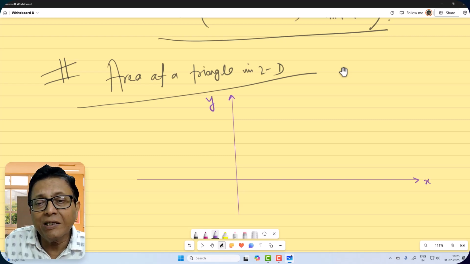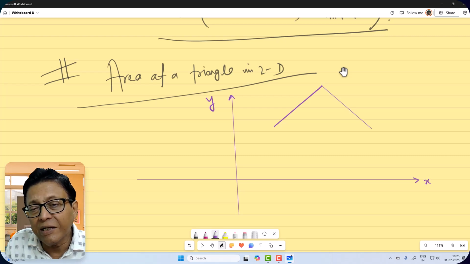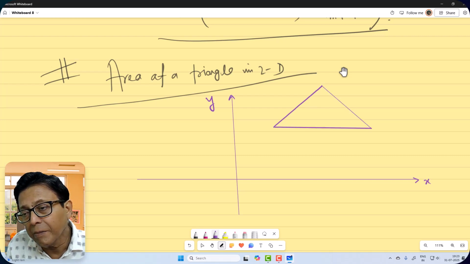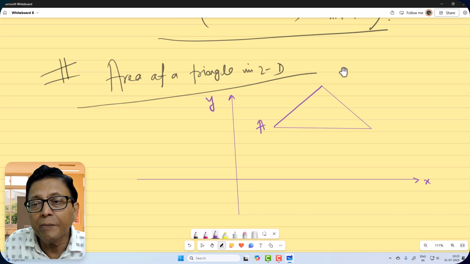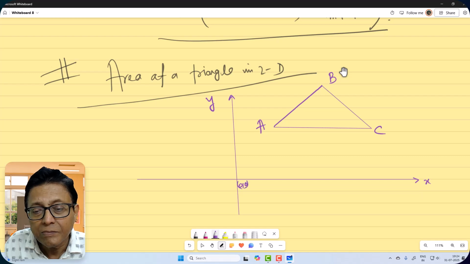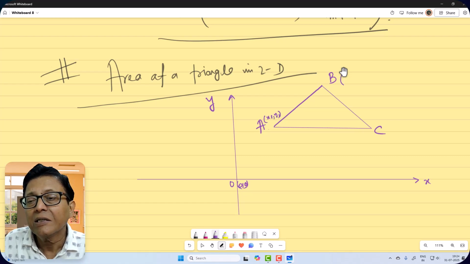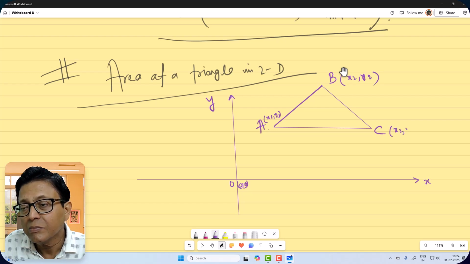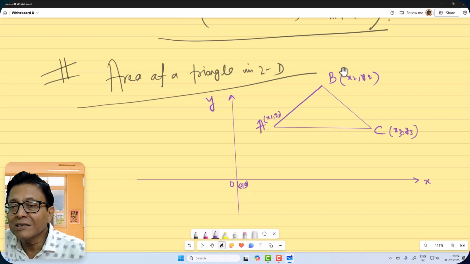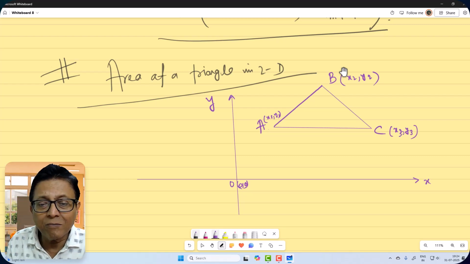So, if there is a triangle in 2D, that triangle be A, B, C, then this point is (x1, y1), this is (x2, y2), this one is (x3, y3), okay?